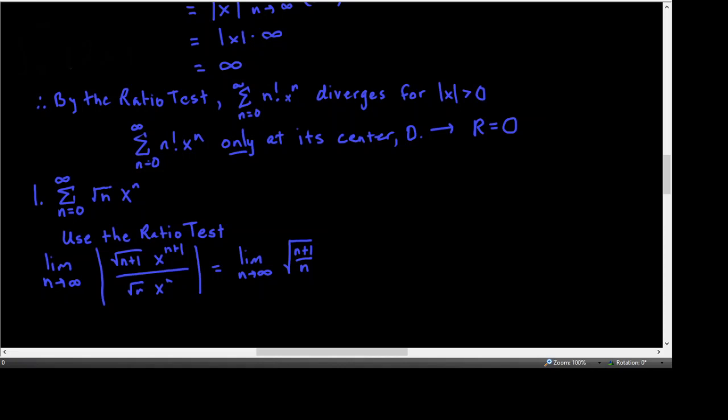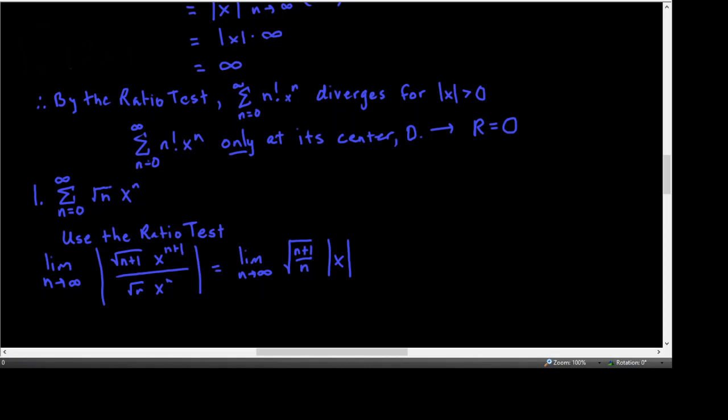And we can combine those two radicals into one radical. And then the absolute value of x to the n plus 1 over x to the n, subtracting the exponents, we're left with x. But keep in mind that x needs to stay inside of the absolute value because we don't know if it's positive or negative. Okay.